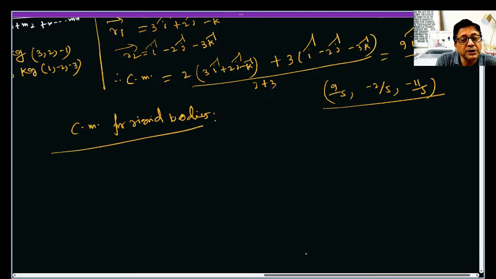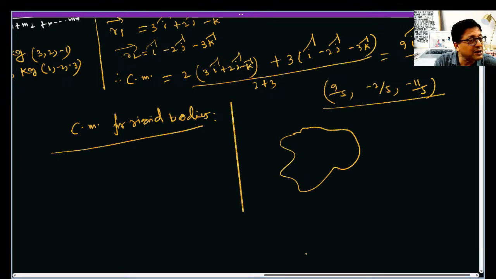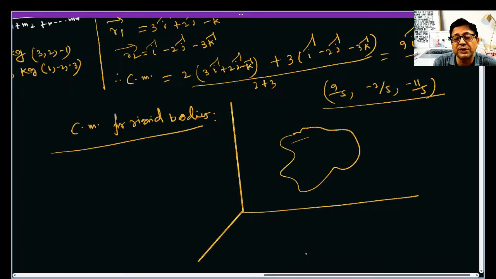Center of mass for rigid bodies. What do you mean by rigid body? Whose distance between two particles cannot be changed by the application of external deforming force. That is called a rigid body. This one is a rigid body. Assume. How do you find the position of its center of mass?